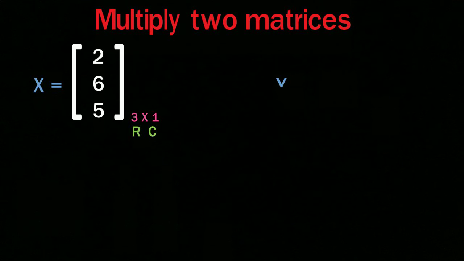And we have another matrix Y: 2 3, and this is a 1 by 2 matrix because it has 1 row and 2 columns. Before we perform any multiplications, we must make sure that the column of the first matrix, which is 1, is the same as the row of the second matrix, which is also 1. So this multiplication can be done.